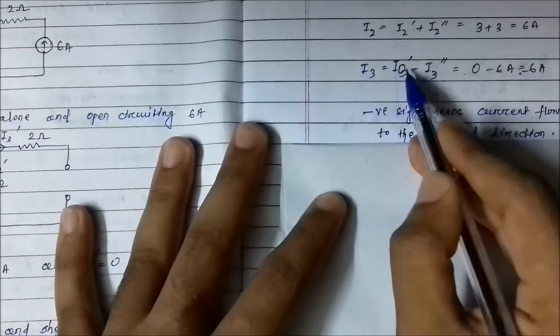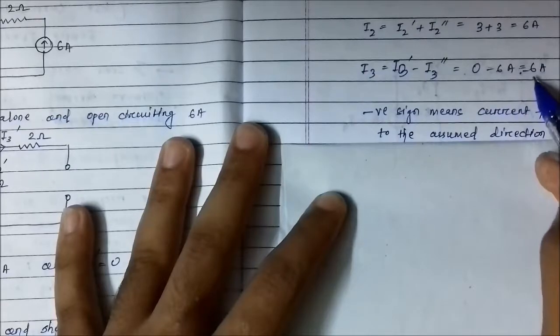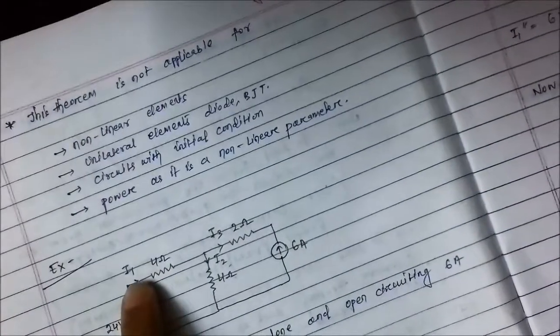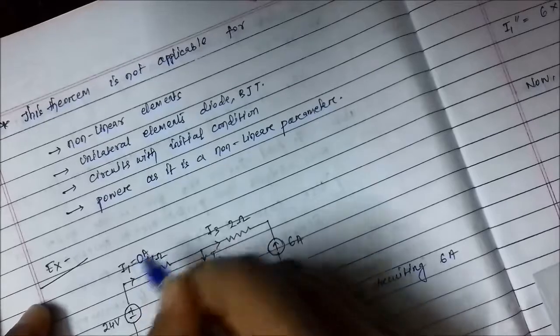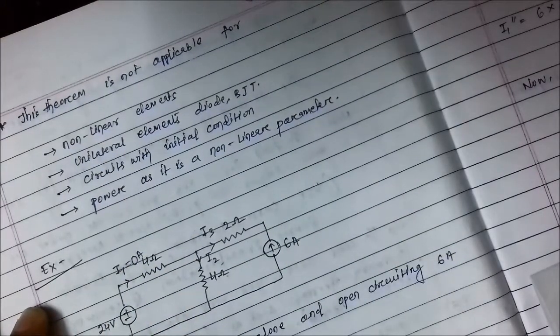And I3 is equal to I3 dash minus I3 double dash, which is equal to minus 6 ampere. So what we get is that the value of I1 is equal to 0 ampere. No current flows through this resistance.